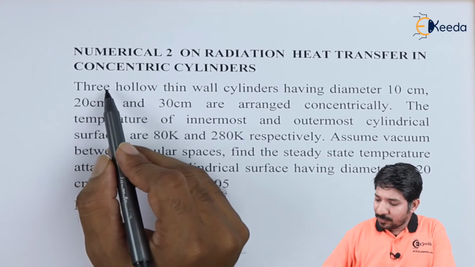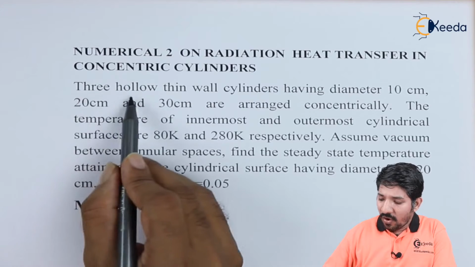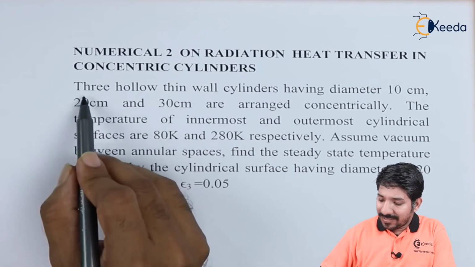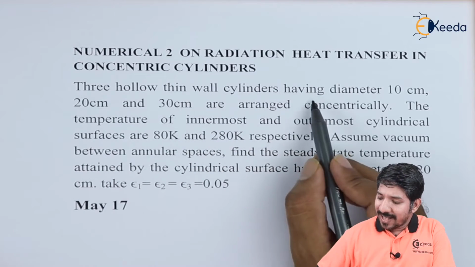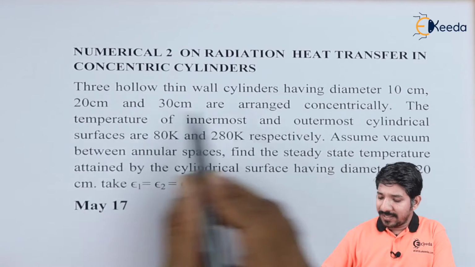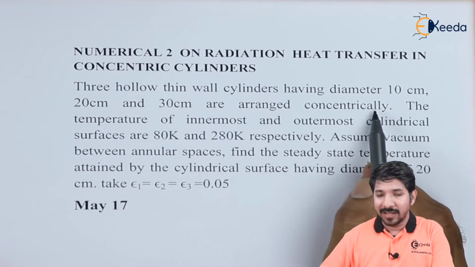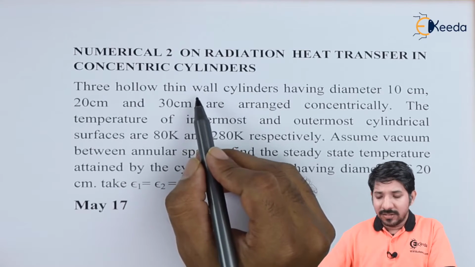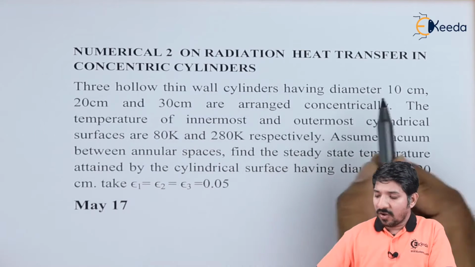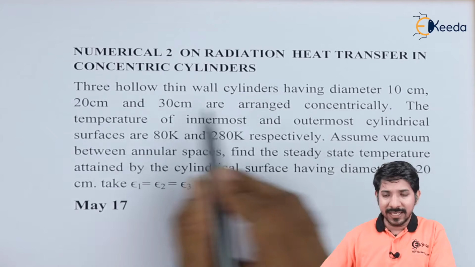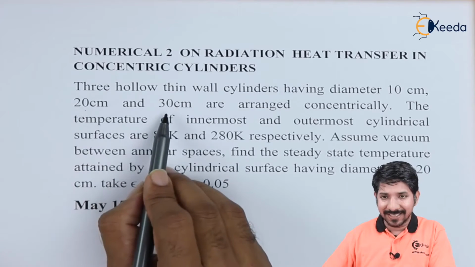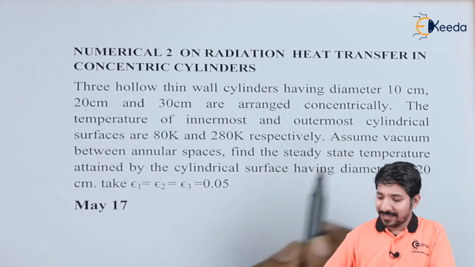Now let us see what the question says. Three hollow thin wall cylinders having diameters 10 centimeter, 20 centimeter and 30 centimeter are arranged concentrically. So basically we have three thin cylinders of diameter 10 centimeter, 20 centimeter and 30 centimeter arranged concentrically.